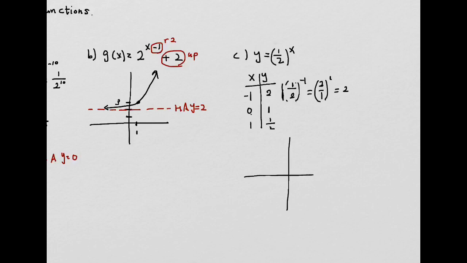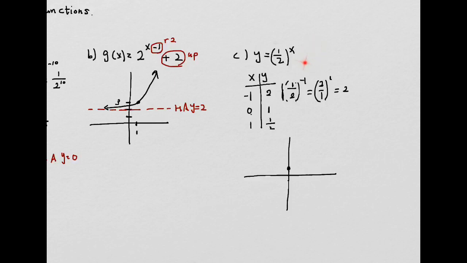So when we graph this, it's going to be 0 and 1. Remember I said it always passes 0 and 1 unless you have a plus or minus outside of the function, added to the whole function. That's going to change it because it goes up and down, right?